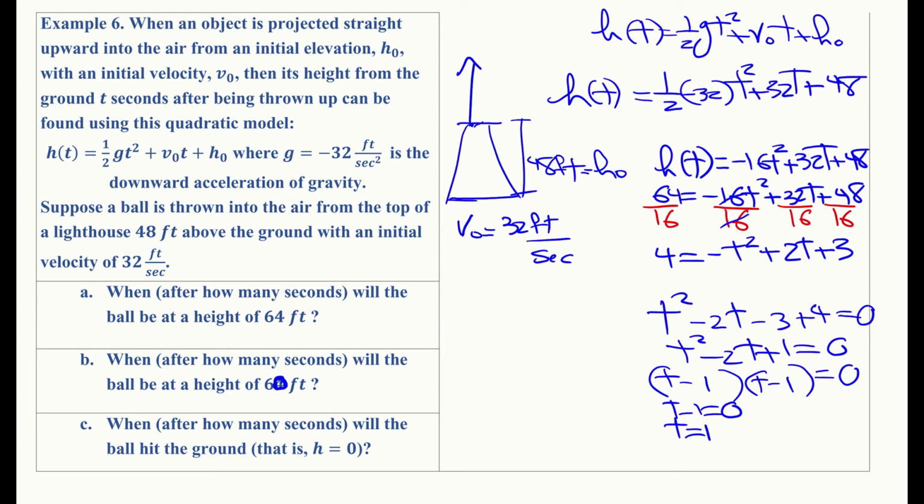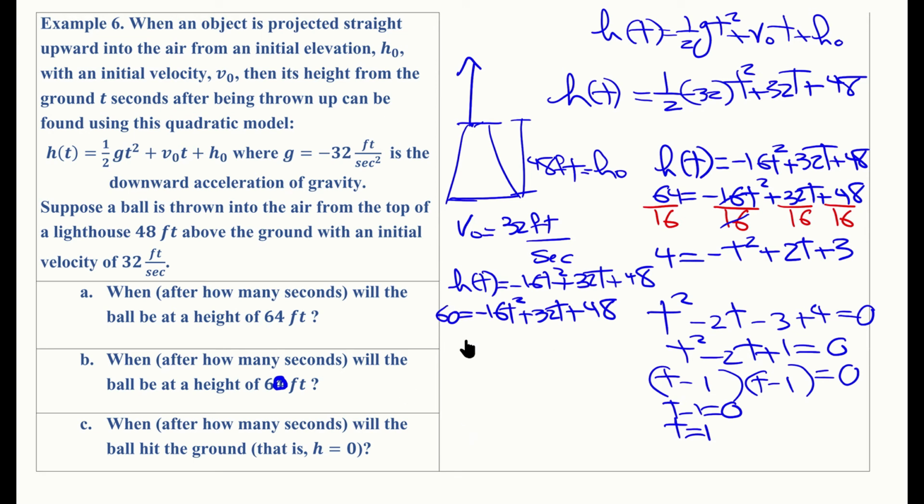So this time, we're going to start with the same equation, h of t equals -16t squared plus 32t plus 48. And we're going to replace the h of t with 60. So we get 60 equals -16t squared plus 32t plus 48. So now, again, we can see that at least 2 goes into all the terms, perhaps, can we do more than 2?